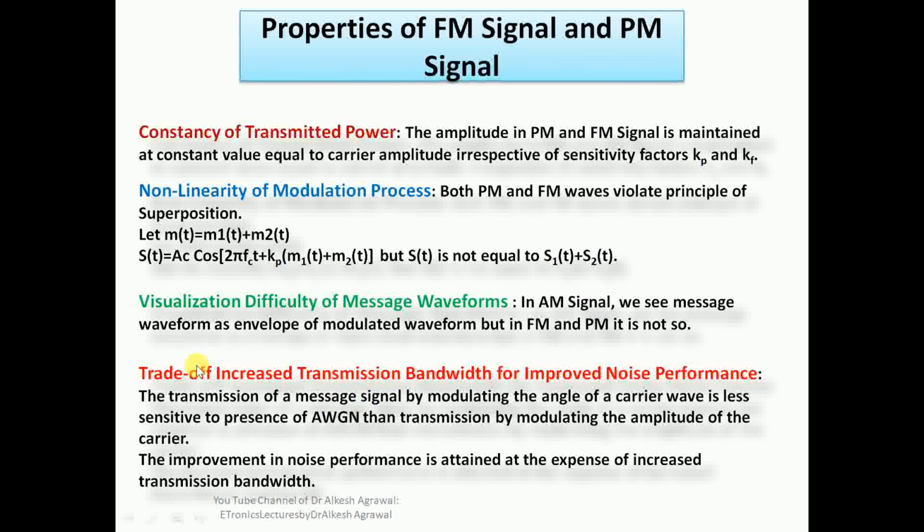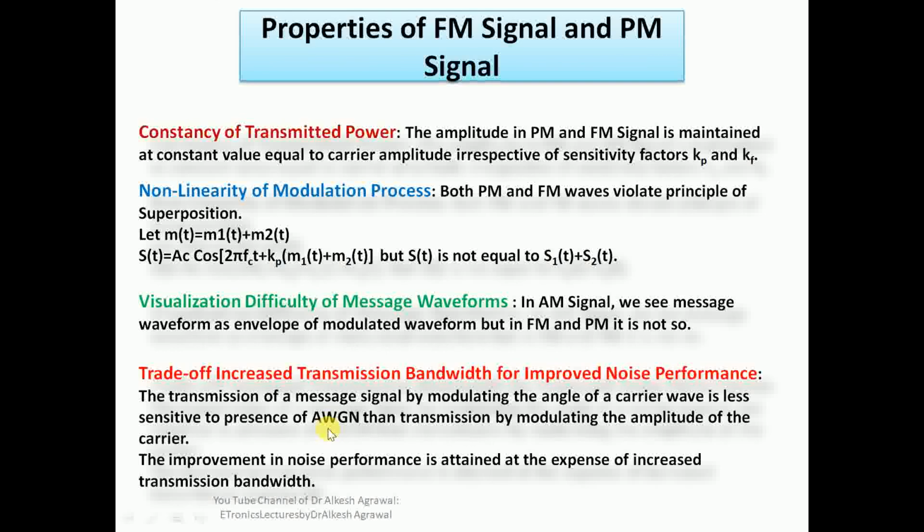Then, one of the advantages of PM and FM signals is improved noise performance, but in terms of transmission, increased transmission bandwidth. Since the transmission of the message signal is by modulating the angle of the carrier wave, it is not sensitive to the presence of additive white Gaussian noise, because the information is not carried in the variation of the amplitude.